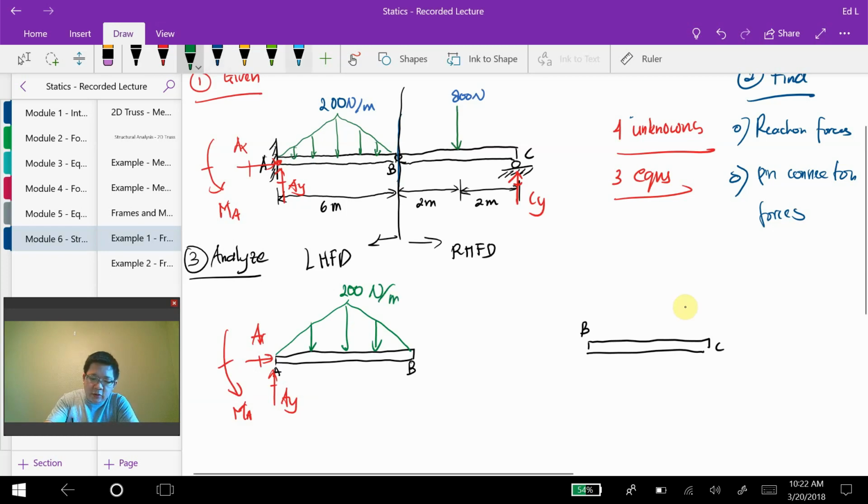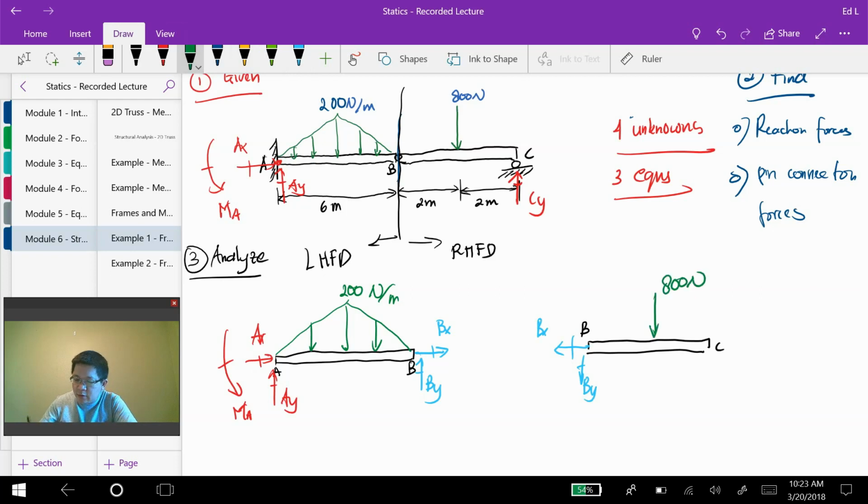At joint B we have a pin, so we have BX and BY. On the right hand free body diagram we also have BX and BY. Then we have the 800 Newton force at the midspan of BC, and the reaction force at C, CY. Only one reaction force because C is a roller support.